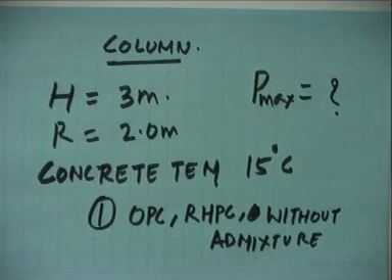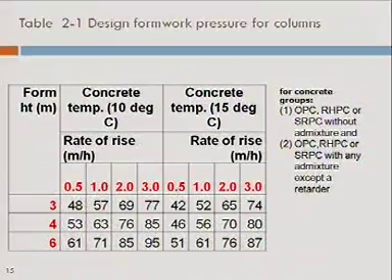This is what we are interested in finding. So, you will just have to look at the relevant table for column. Now, using this table, can you tell me what would be the pressure?